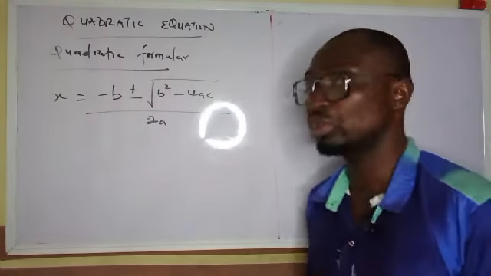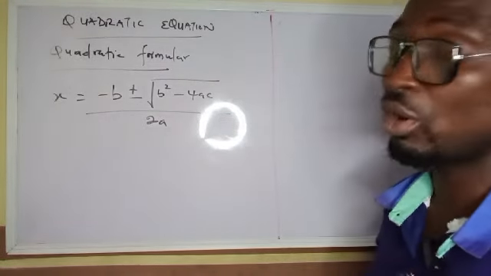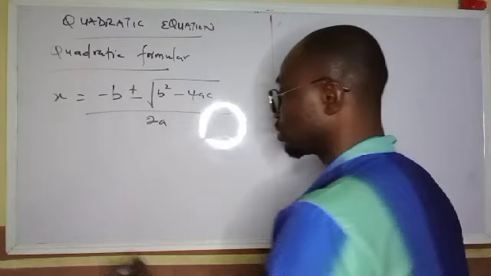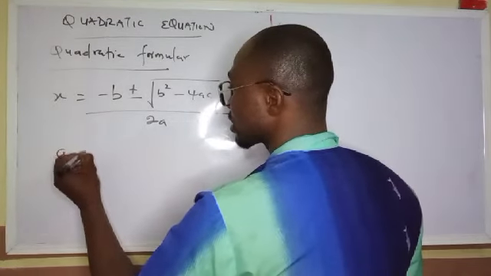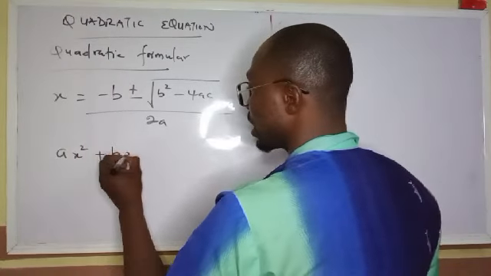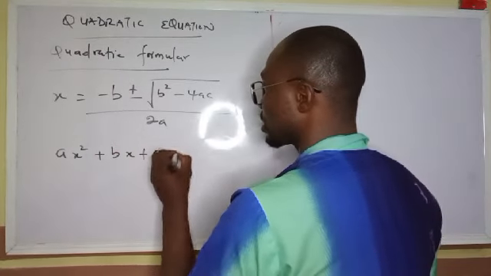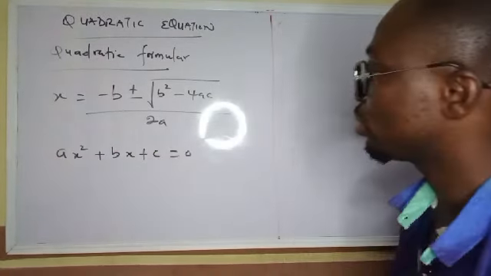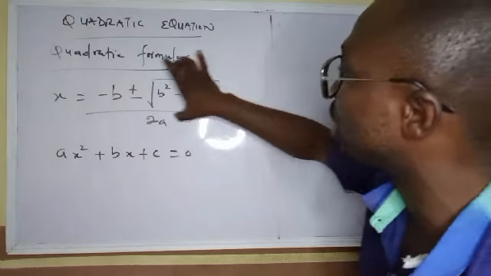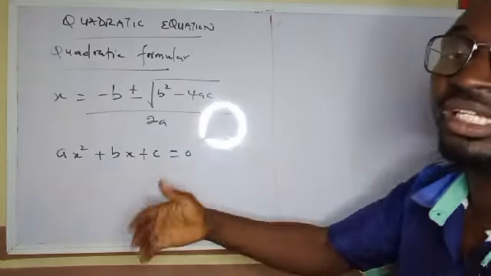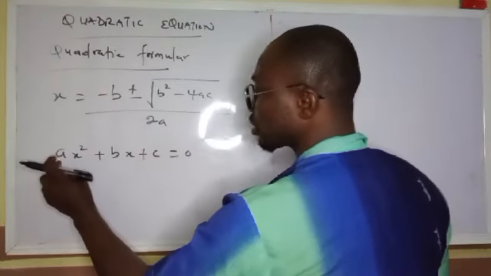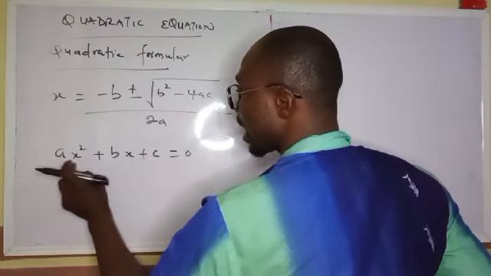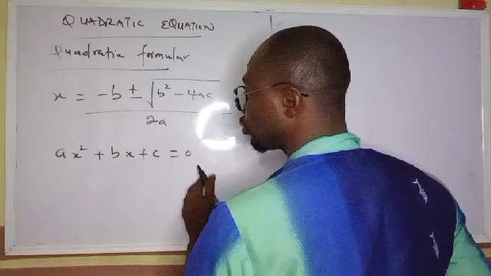So how do we come about this quadratic formula? I will show you using the general form of the quadratic equation, which is ax squared plus bx plus c equals 0. We want to derive this formula from our completing the square method. The first step: the coefficient of x squared here is a, so we divide all through by a.